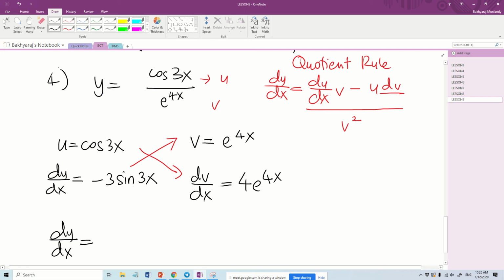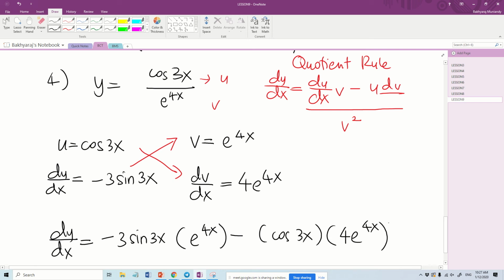Okay, so you get what? You will get negative 3 sine 3x times e^4x, minus cos 3x, I put this bracket, minus cos 3x times 4 e^4x, and divided by v square.